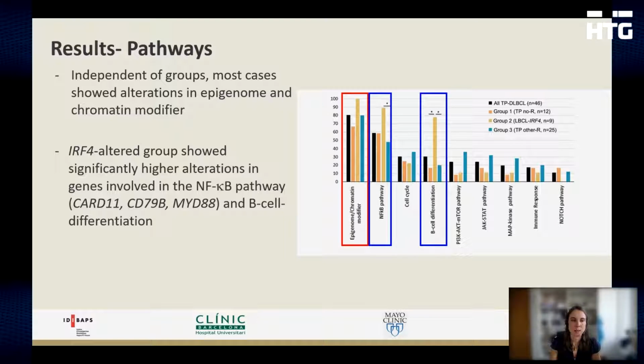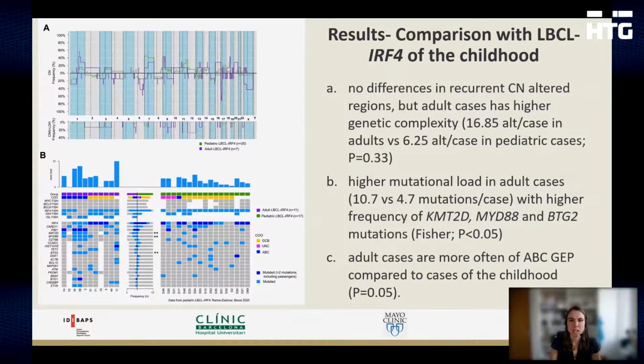The genes altered in the NF-kappa B pathway, I already mentioned in the introduction, are as well mutated in the LBCL IRF4 of the childhood. One of the questions is precisely whether LBCL in the childhood is the same disease as in adults, and therefore we compared our data with that of Ramis-Zaldivar, earlier mentioned.